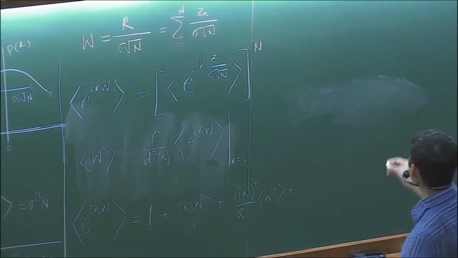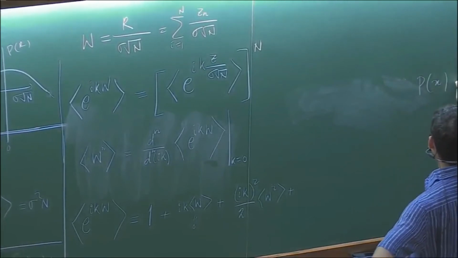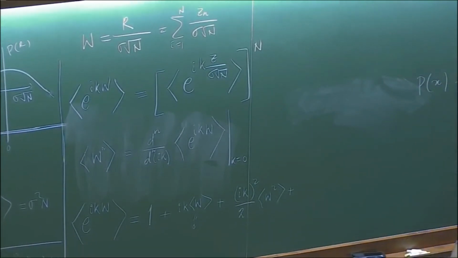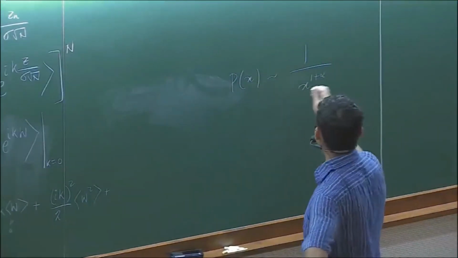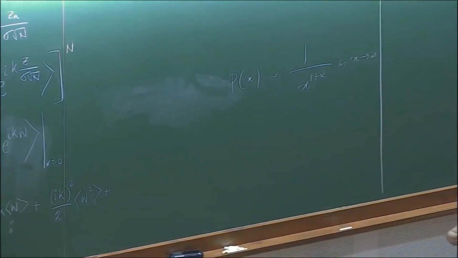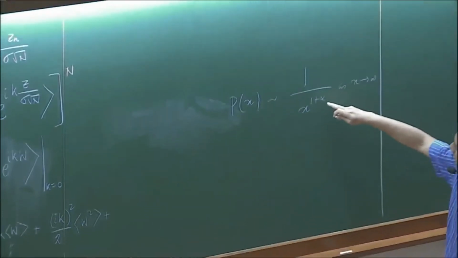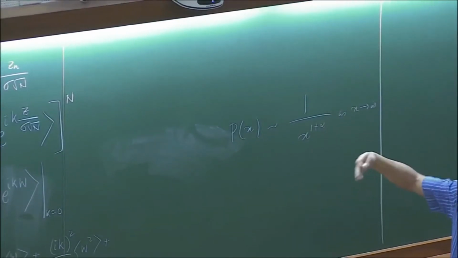But if you take a function p of x which has a tail, for example x to the power 1 plus alpha, a power law tail, as x goes to infinity, then depending on this power alpha, alpha decides which moment exists.